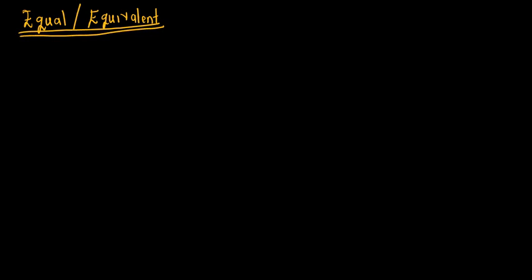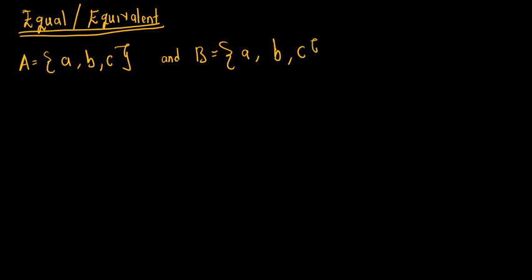If A is some set that contains the members A, B, C, and B is some set that contains the members A, B, C as well.